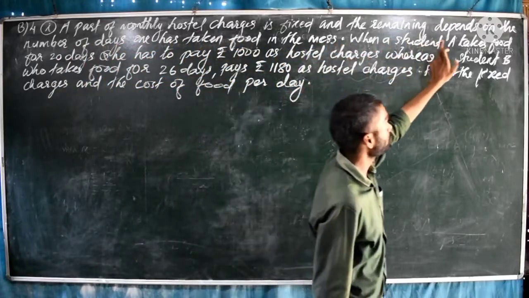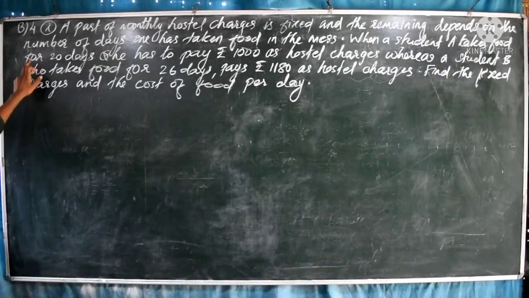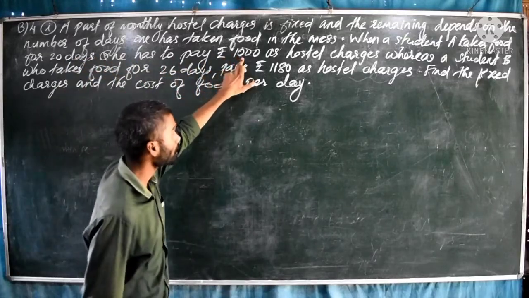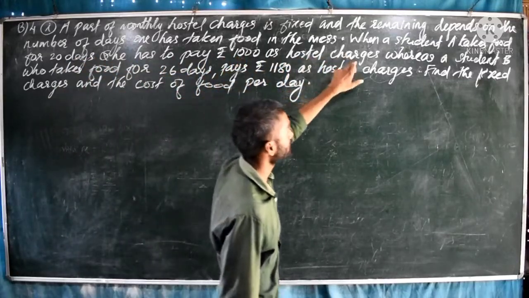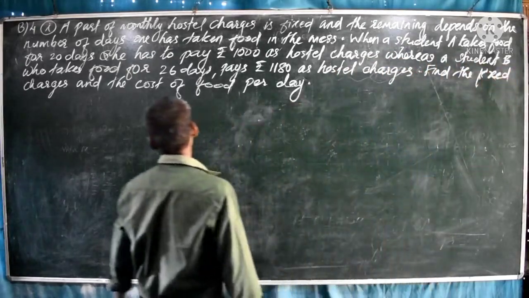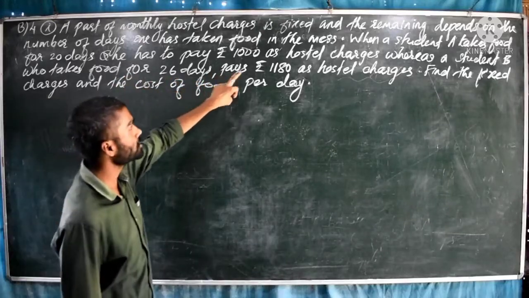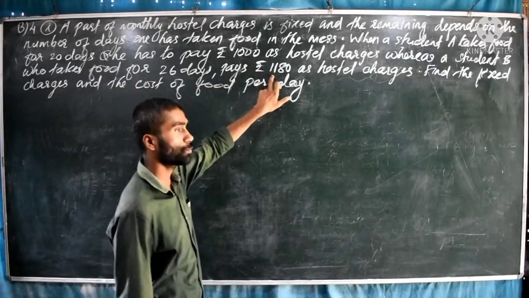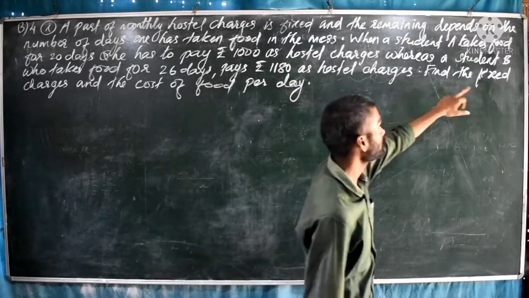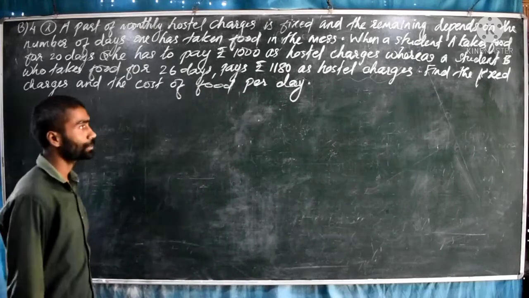When a student A takes food for 20 days, A has to pay rupees 1000 as hostel charges, whereas student B, who takes food for 26 days, pays rupees 1180 as hostel charges. Find the fixed charge and the cost of food per day.